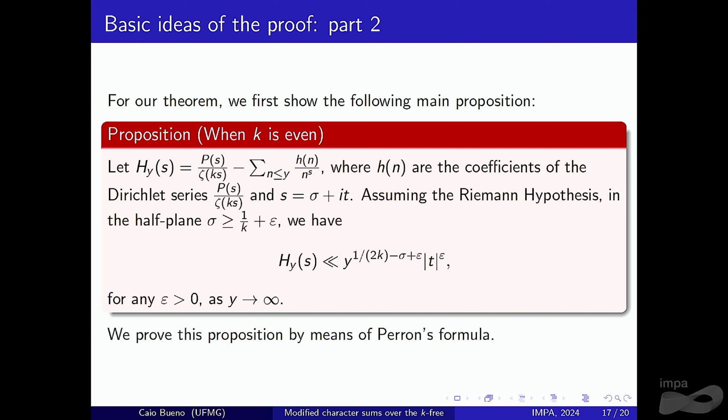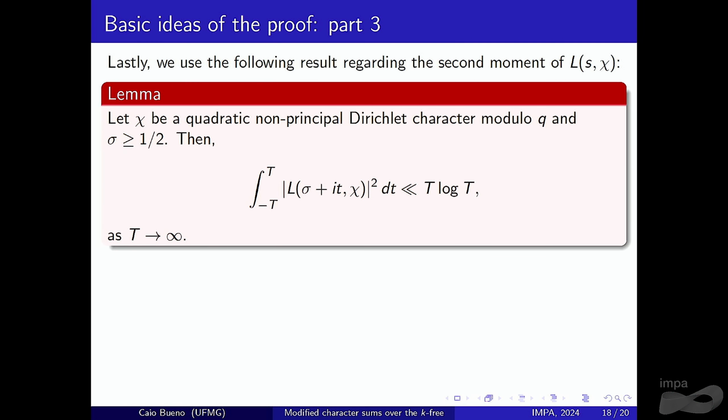And we use the Perron formula to prove this in the usual way. We change the contour and estimate each line segment using complex analysis. We also need a bound for the second moment of the Dirichlet L function that we apply to estimate the vertical line segment when we change the contour of integration.